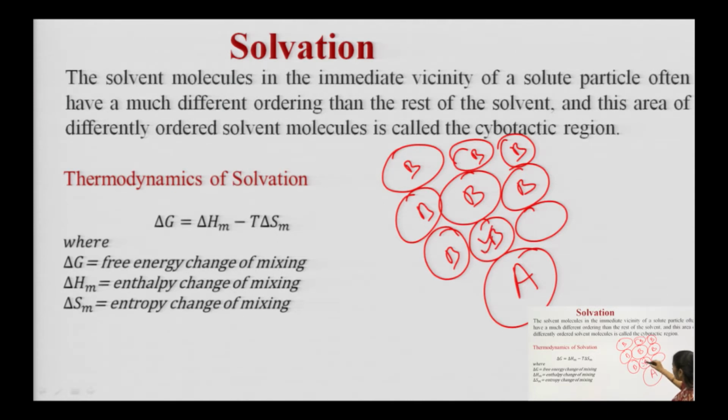The solvent B molecules in the vicinity of A will have a different ordering, orientation and influence compared to a solvent molecule that is surrounded by solvent molecules only. Here the solvent molecule is in close contact with the solute, so the solvent molecules are differently ordered.